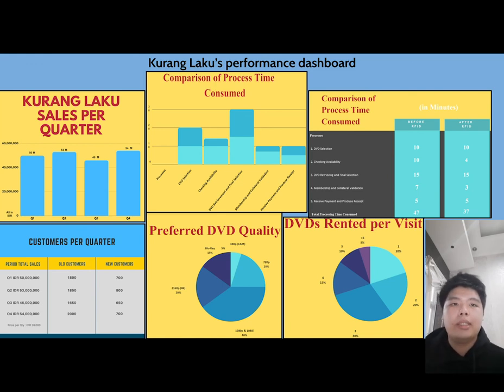Since we estimate the implementation of RFIDs in early 2020, Q1 until Q4 of 2019 is considered the period before implementation, and Q1 until Q4 2020 is considered the period after implementation.